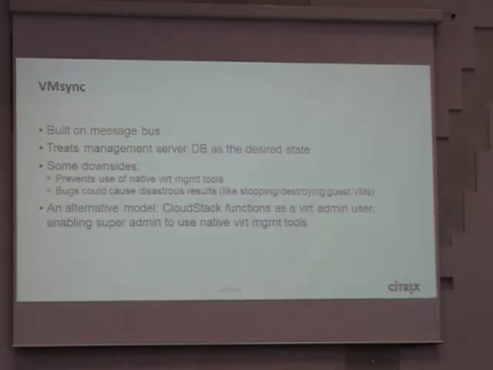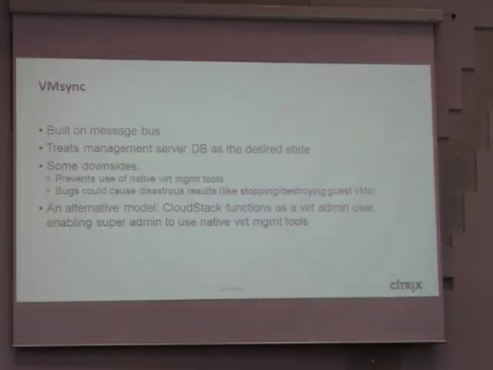There's another downside: this desired state model works when there are no bugs, but if there's a bug, what if CloudStack propagates the wrong state to a very large cloud? That can cause a very big outage.